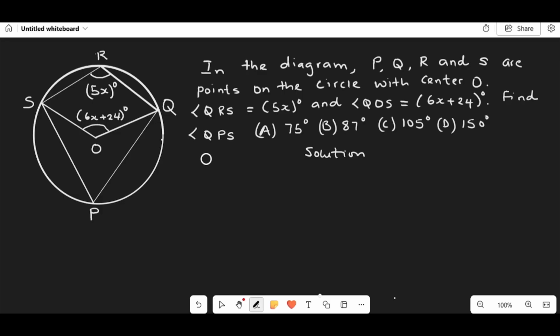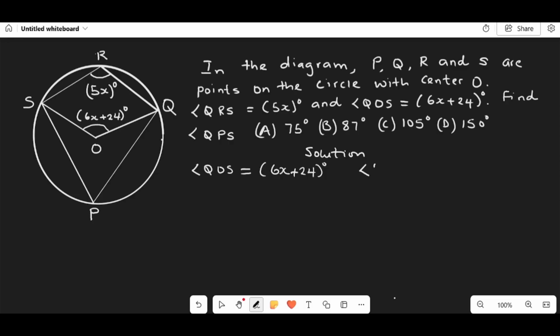In the question, we were given that our angle QOS is 6x plus 24 degrees. So, angle QOX equal to 6x plus 24 degrees, and also angle QRX is given to be 5x degree.